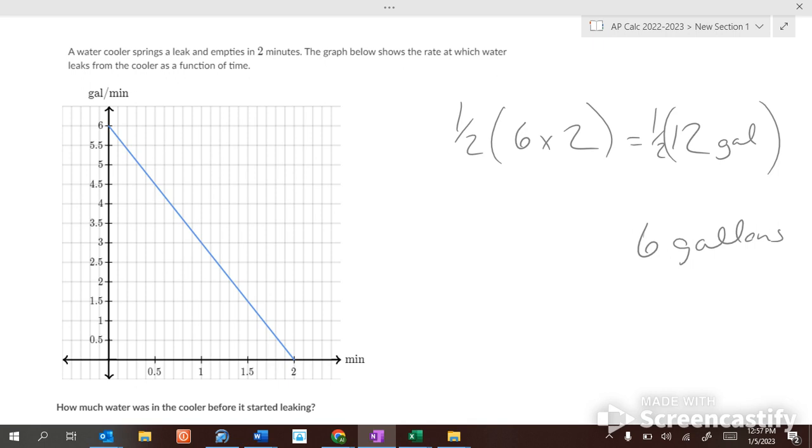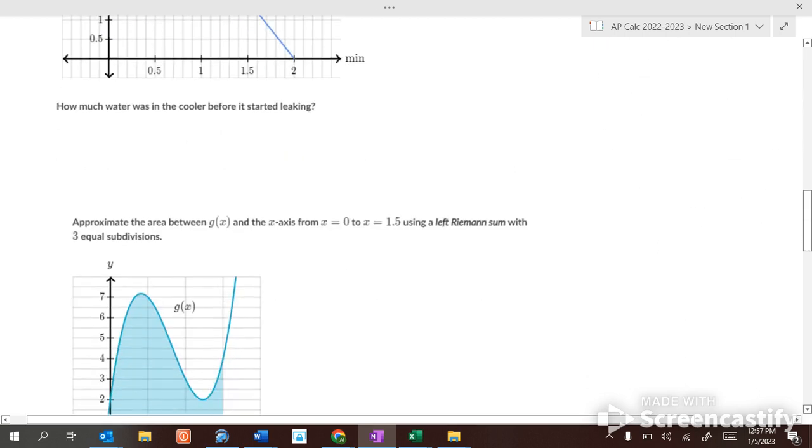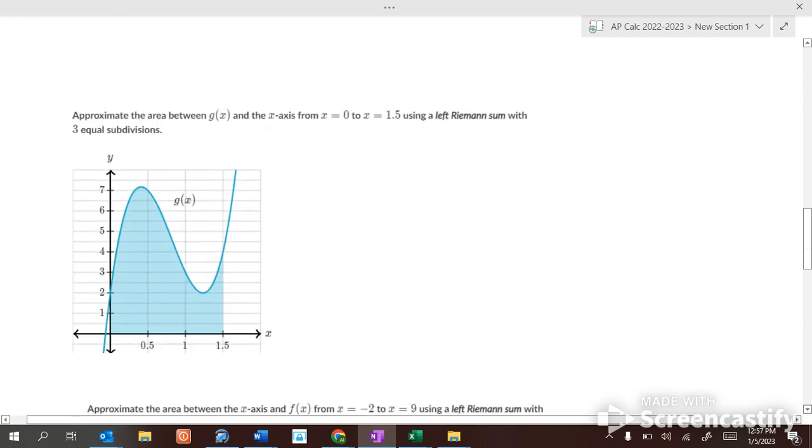Now, it's not because it's leaking at 6 gallons a minute, but it worked out to be 6 gallons. All right, so we'll look at some problems like that where you have to break apart figures and figure out the area under the straight lines. Then we'll take area under curves.